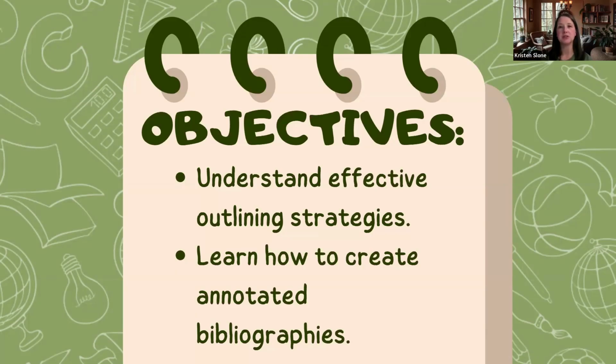I will show you resources and references for other workshops that may be a little more detailed, should you need it. But tonight, I'm kind of just the 101, right? Outlines and annotated bibliographies, the basics. Once we go through outlining strategies, then we will learn how to create annotated bibliographies.